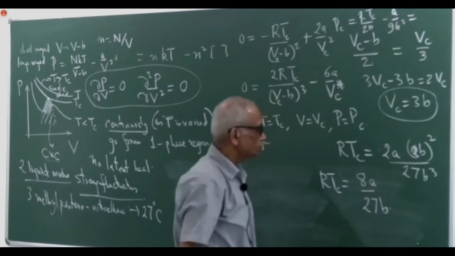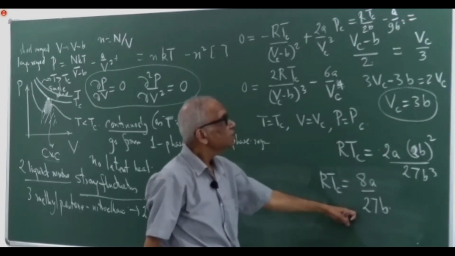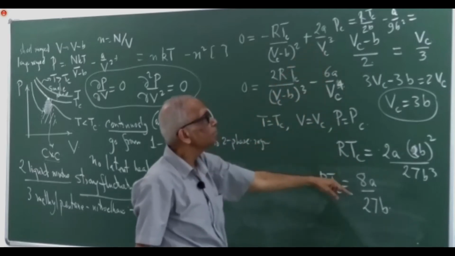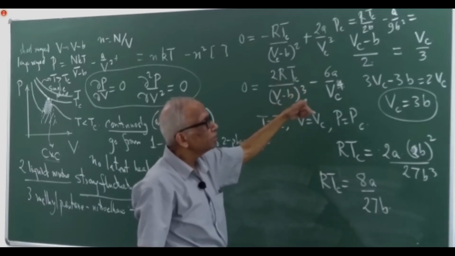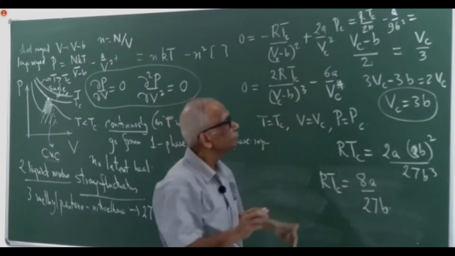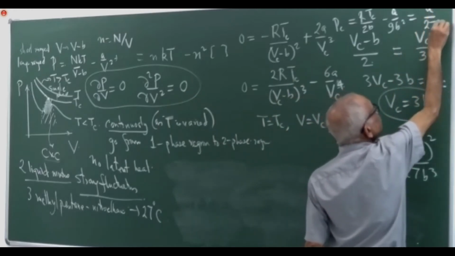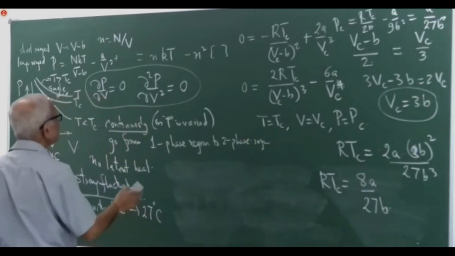RTc is equal to 8A over 27B. So that makes this 4A over 27B squared. So 4A, 4 over 27, and this is 3 over 27. So it is A over 27B squared. So there you are. You have found it.